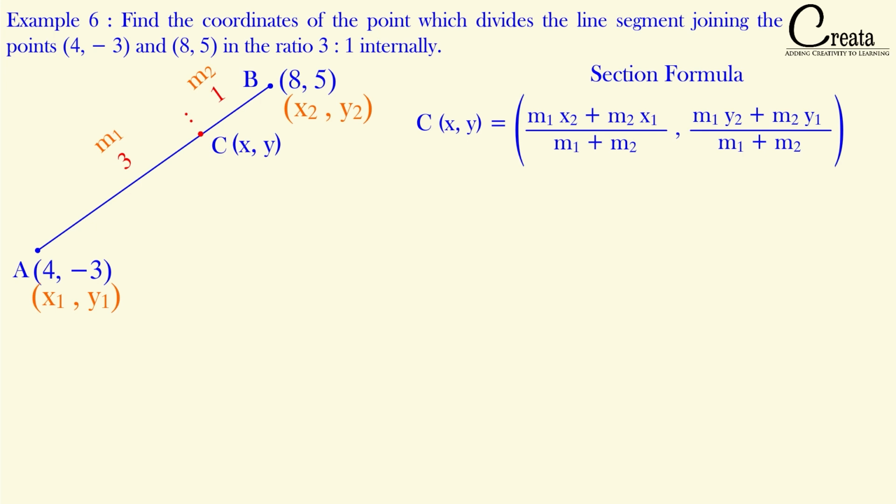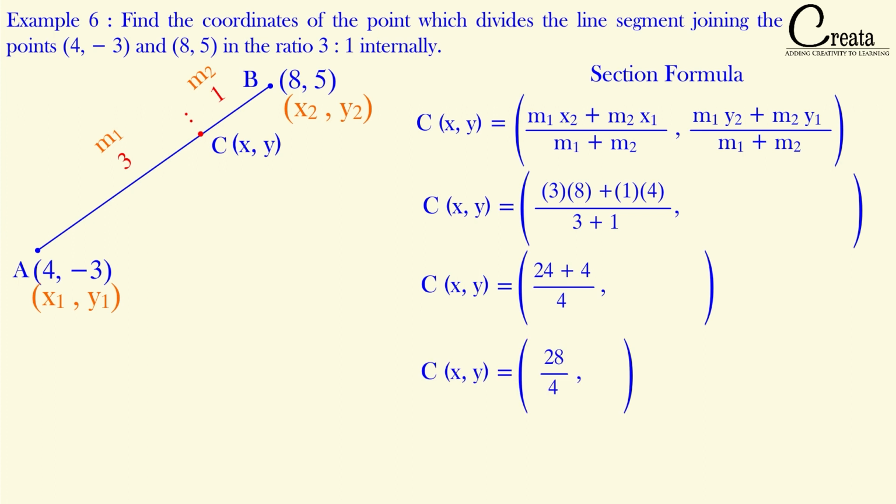So let's apply the formula. Firstly, we will take down the x coordinate only. Let's put the values for the x coordinate. We know x1, x2, m1, m2. On solving, we got x as 7. It means the x coordinate of point C is 7. Further, let's take down the y coordinate.